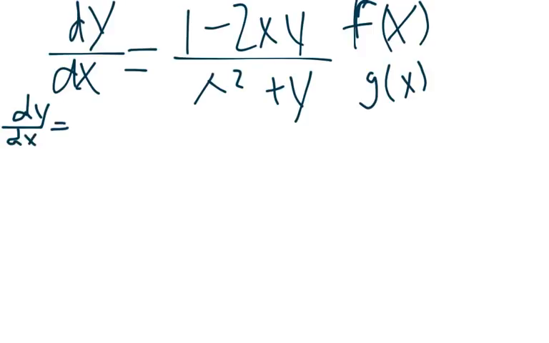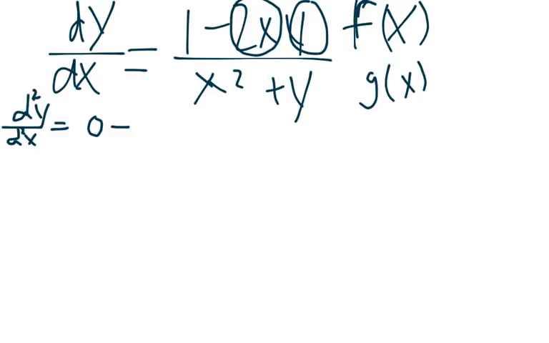So now you're doing f prime of x. You know that the derivative of 1 would just be 0 minus, and then for 2xy you have to apply the product rule.